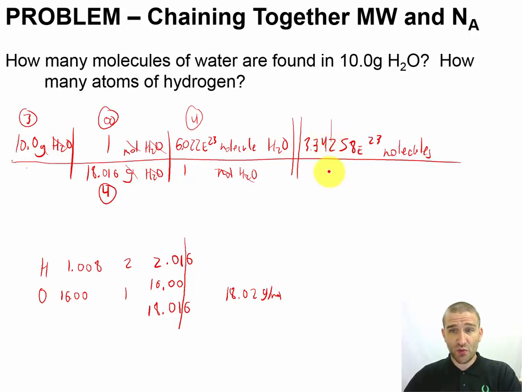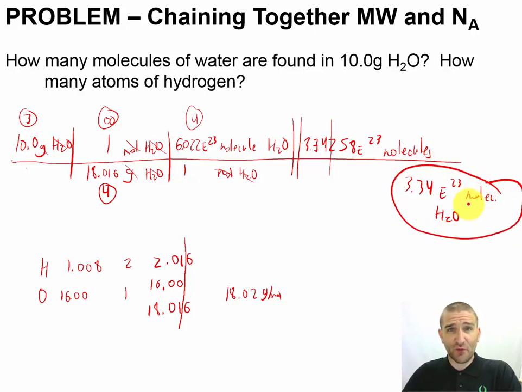I need to trim this to 3 sig figs, so my final answer for this portion will be 3.34 times 10 to the 23rd molecules, I'm just going to abbreviate it as molec with a period right there, of H2O. Okay, now I've got a full credit waypoint answer.